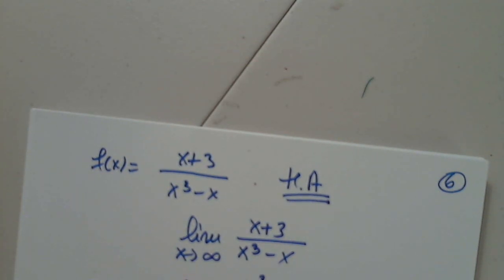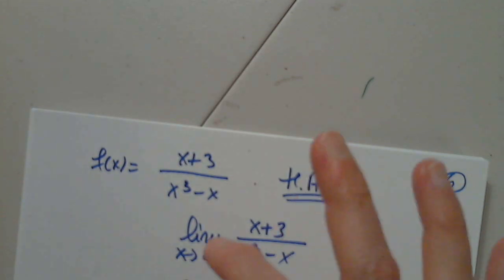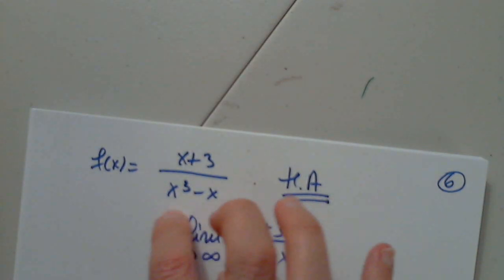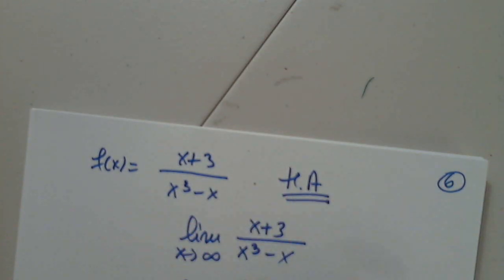So horizontal asymptotes are determined by simply finding the limits. Vertical asymptotes, we determine them where the function is undefined unless the factor disappears. So that's why we did this a long time ago.